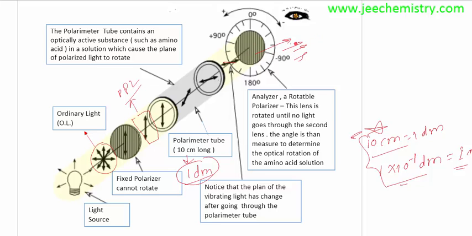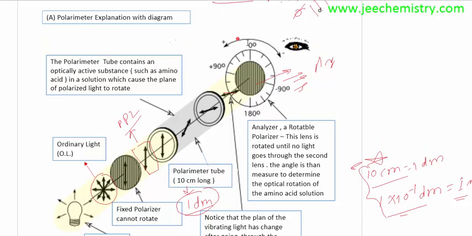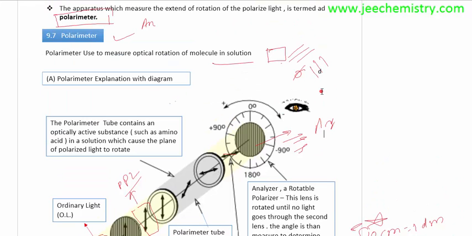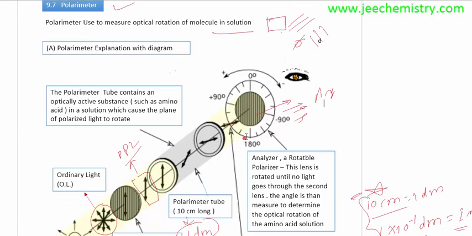When the light passes, the analyzer stops rotating, and then we measure how much it has rotated. This is the angle of rotation. This is called the optical rotation of a compound, the optical rotation of a molecule in the solution. So we get the optical rotation from this analyzer.